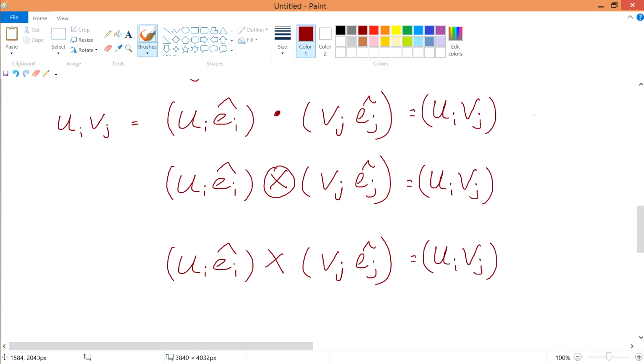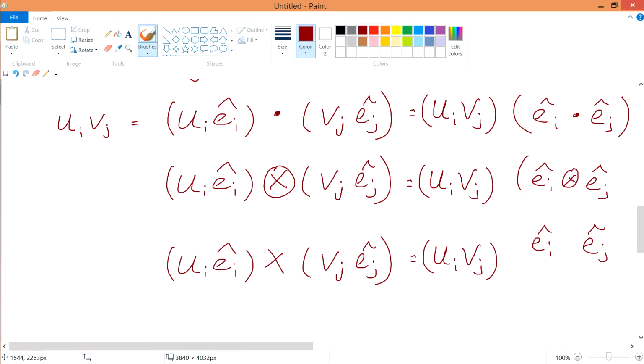And the rest is simply the interactions between the basis vectors again, right? And this is the dot product, so we have a dot product over here. So this is a dyadic product, and this is a cross product. So the constants, the components, are always the same, while the basis vectors change.